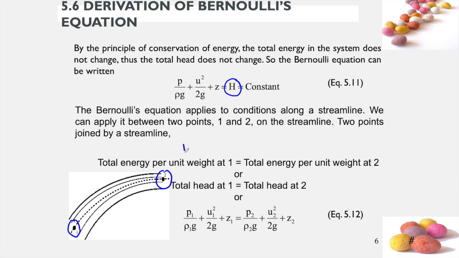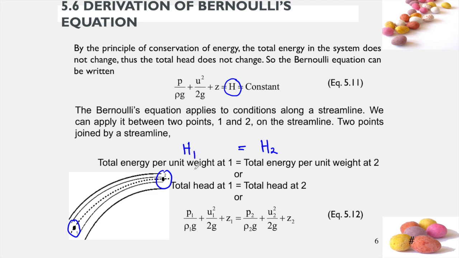So we have capital H1 equal to capital H2, which means the total energy at point 1 equals the total energy at point 2. Now we know that H is equivalent to P over rho g plus u squared over 2g plus z.